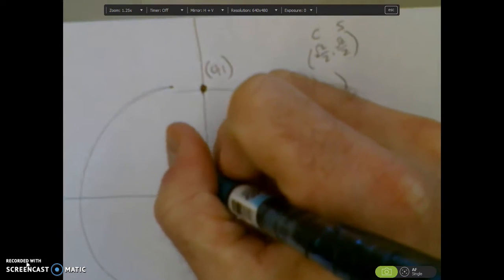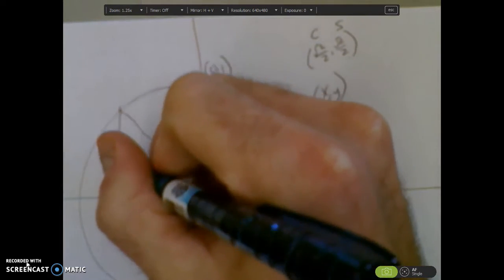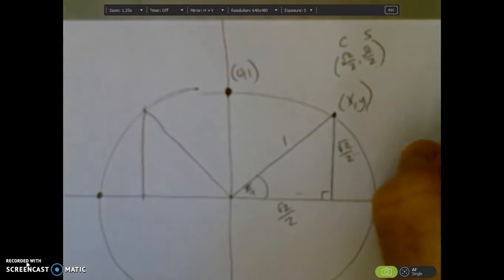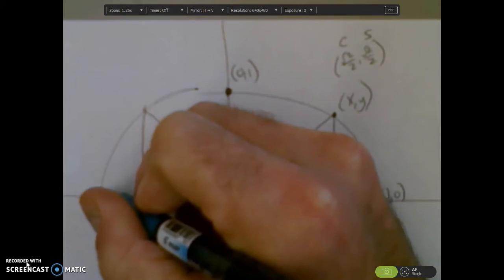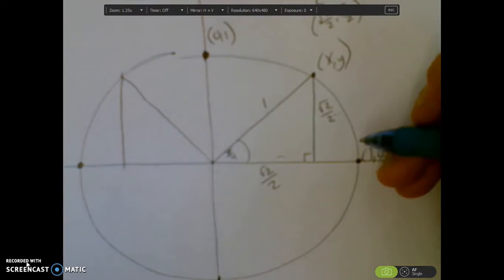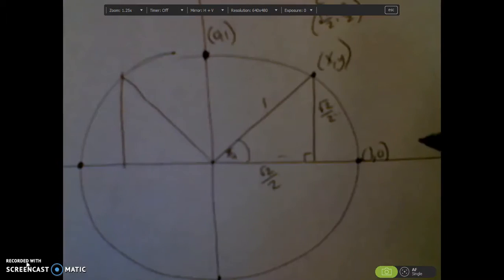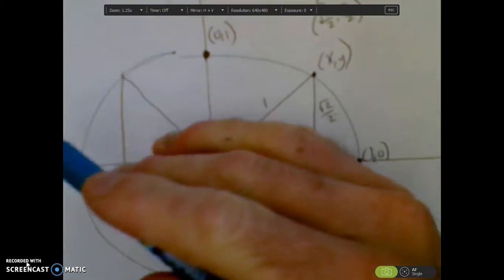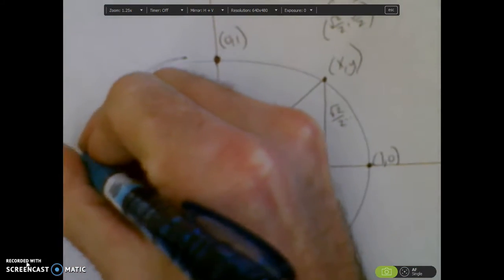Now, the same angle over here, and I know that this is 1 pi, because the whole thing is 2 pi. By the way, that's the circumference of the circle, 2 pi, if the radius is 1. So half of that is pi, which is right there.